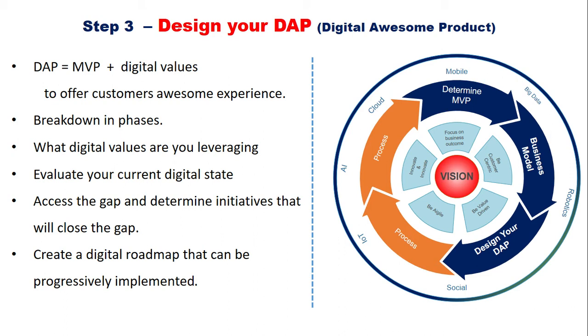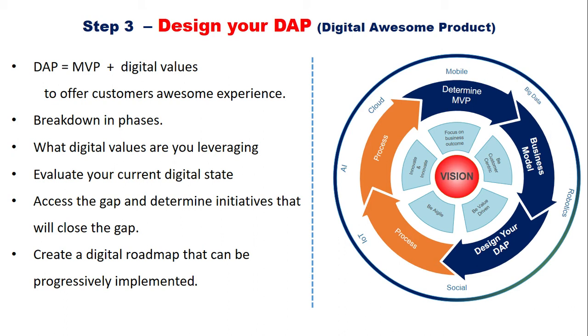Now, if you go back to the Uber case, what Uber basically provides is a taxi service. The minimum viable product is about connecting a passenger to a cab driver. But you can embed some digital values in it.